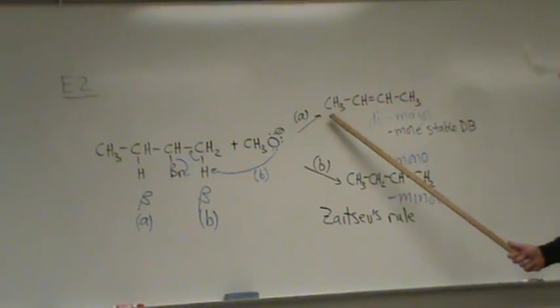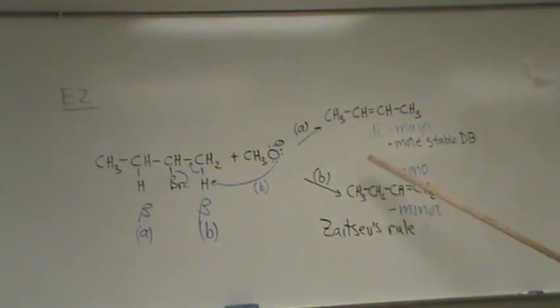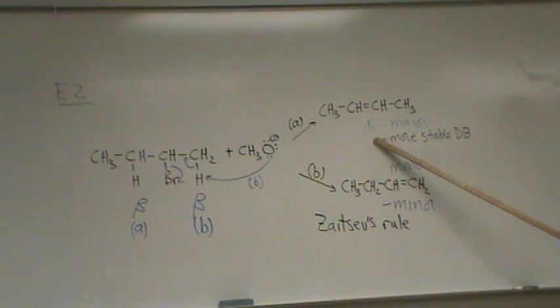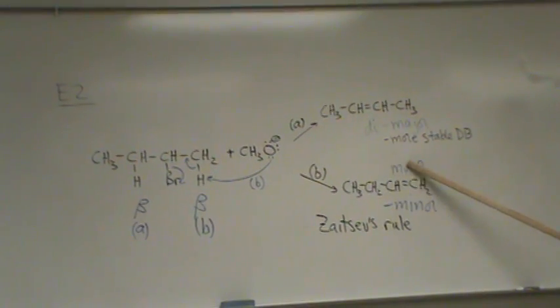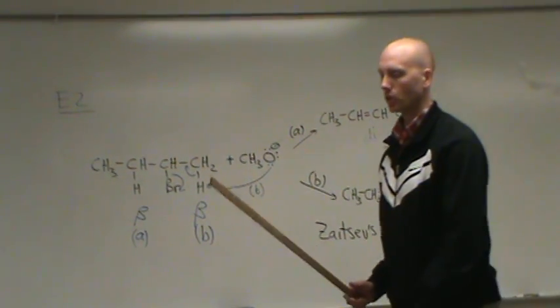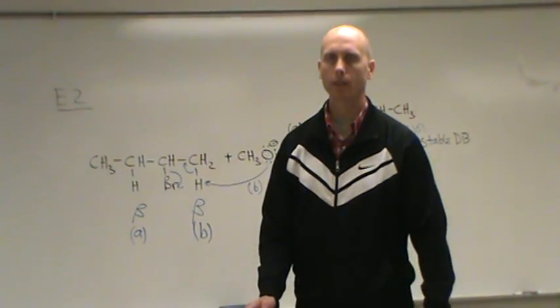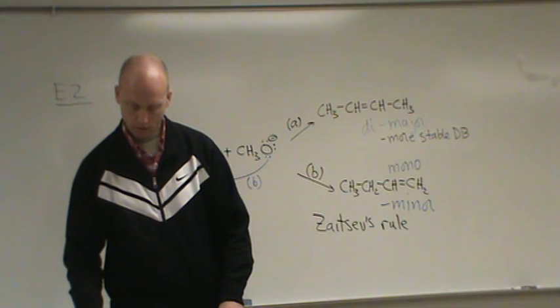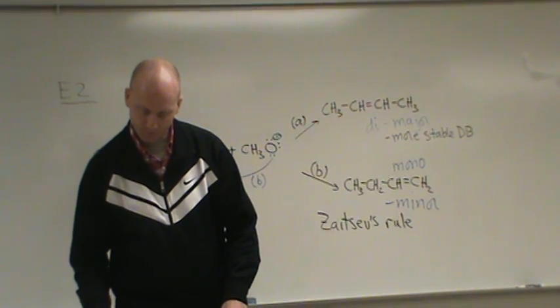Know how to draw both products. Know how to analyze both products and figure out which is the major, which is the minor. Let me give you one to do here.